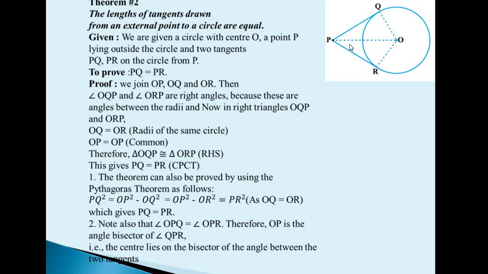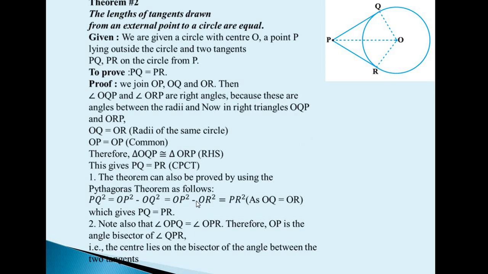So I can say PQ square is OP square minus OQ square, and the same OP square being common, your PR square can be written as OP square minus OR square, right?